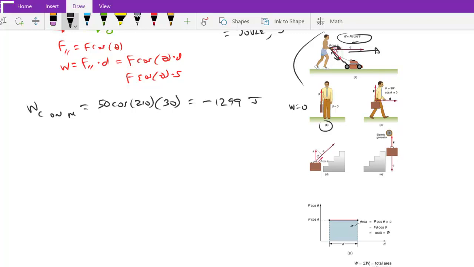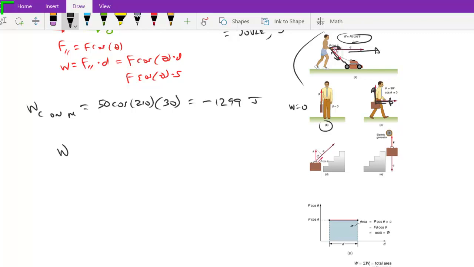Also, if the displacement is off in the positive x direction and our force is perpendicular to this, then we would not have any work done there as well. The guy can walk around with a briefcase all day long, and it might seem like there's work being done, but in physics, we would say no work is done here because the force is perpendicular to the displacement.